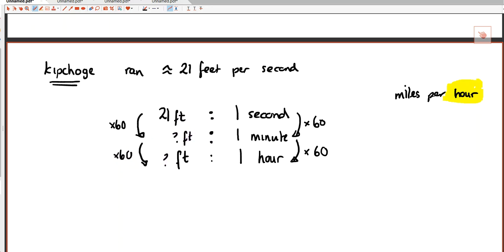Can you all do this on your calculators? Can you tell me how many feet he traveled in 1 hour? So we're going to go 21 times 60. Oh, sorry, multiply by 60 and multiply by 60 again. And that will tell me how many feet he traveled in 1 hour. Can you do that now? 75,600.